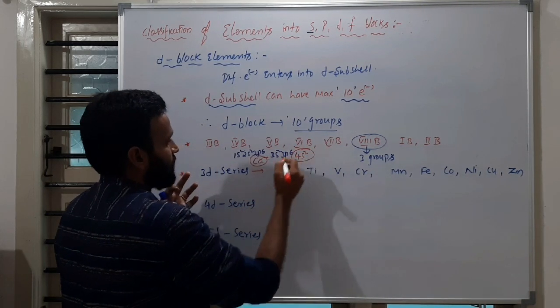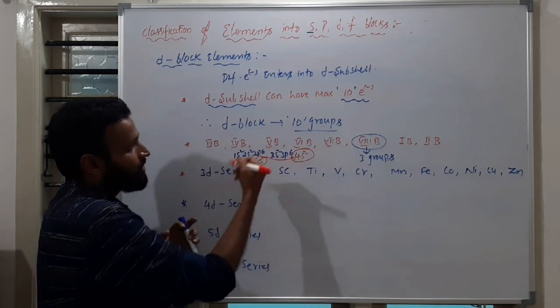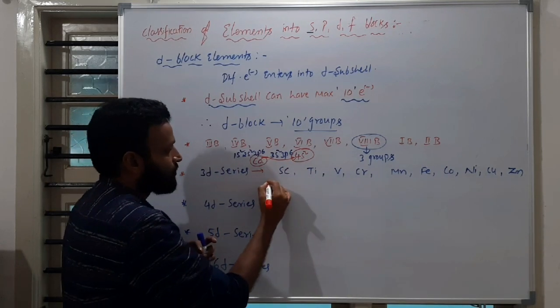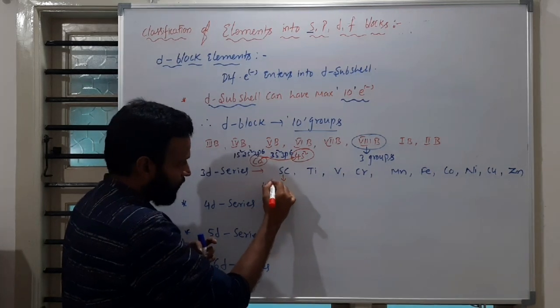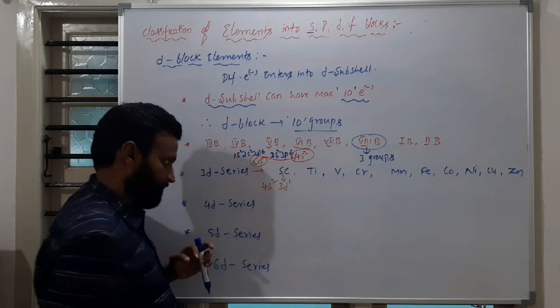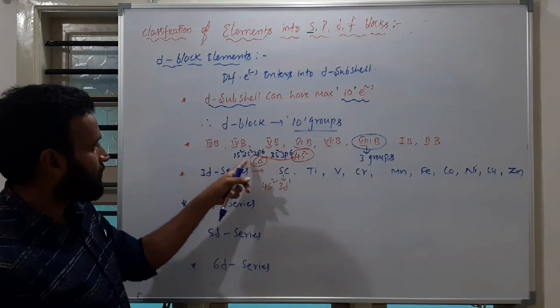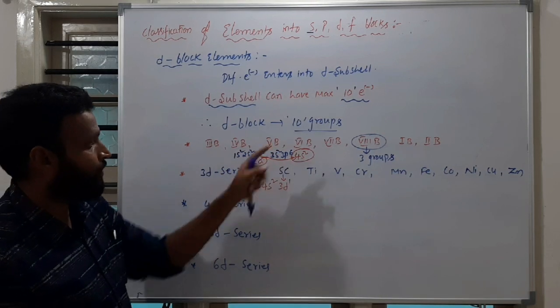This is the configuration for calcium, right? Calcium has atomic number 20.